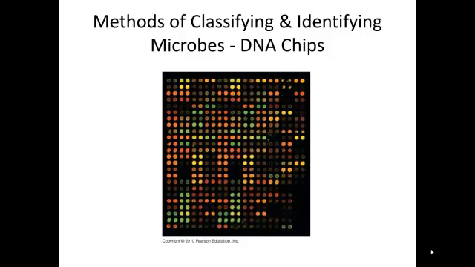Somebody got the smart idea of making basically a computer chip to identify bacteria, to identify different genes even. What they did is they took a silicon chip, just like what you would put a computer chip on, and instead of putting little wires and on-off circuits, they took little probes, little pieces of DNA from different microbes they wanted to identify, and they put them on little spots.